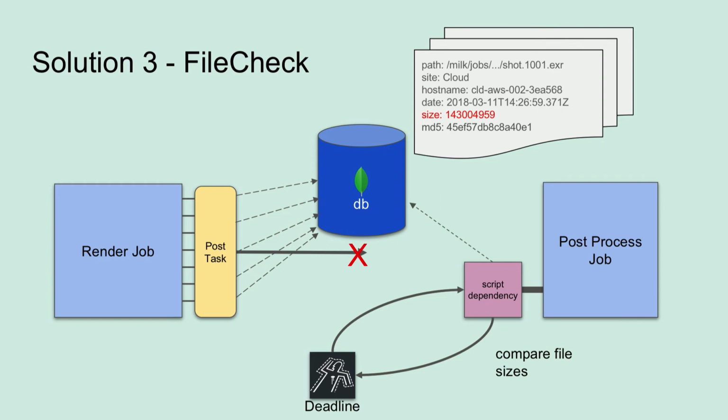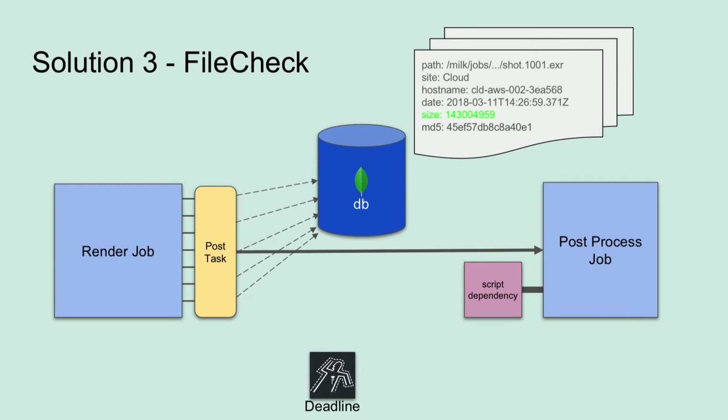This script dependency compares the file sizes between what's stored in the database and what's stored on the on-prem file system. Until the file sizes match, it doesn't start the job. When the file sizes finally match, it can release the job. So we know that when the post-process job runs, it has all the data it needs.